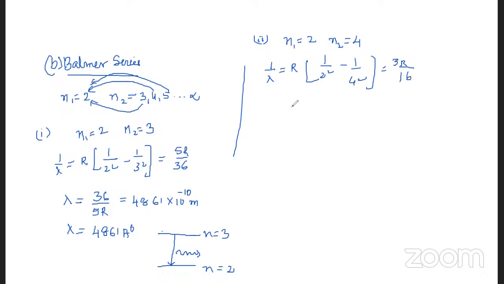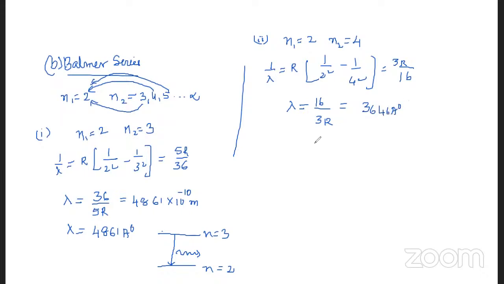That means the lambda value, whichever you are going to get, is 16 by 3R. R is nothing but the Rydberg constant. So if you substitute, you are going to get this lambda value as 3646 angstroms.